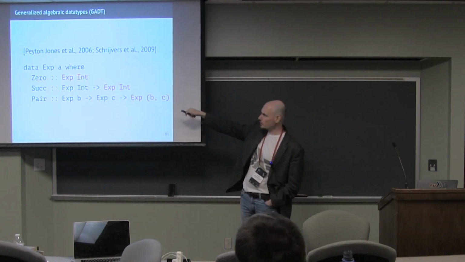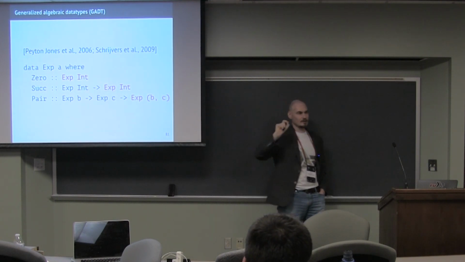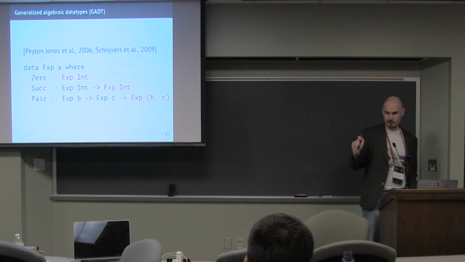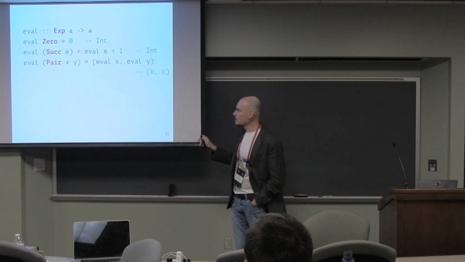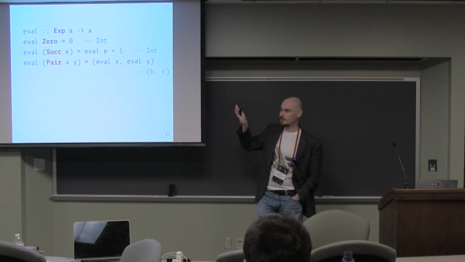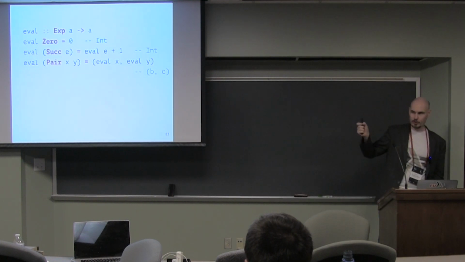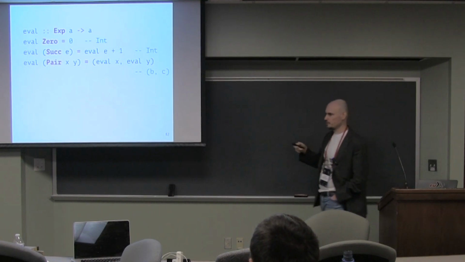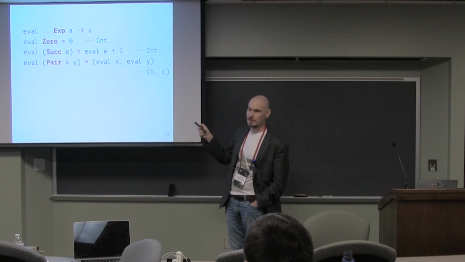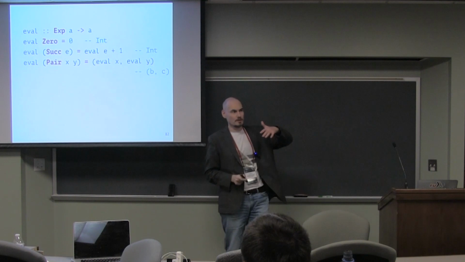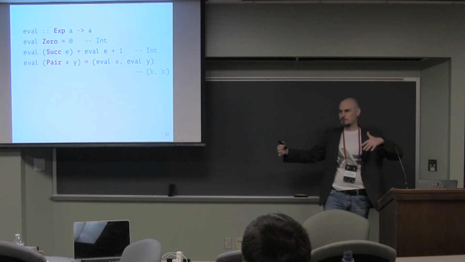But if you want to have different types, then it's a GADT. So that's the technical difference. Only one technical difference. There are no others. And these GADTs allow you to write functions like this one. They're very expressive. You can evaluate an expression which is parameterized with type A, and then you get a value of type A. And depending on the data constructor, you can return values of different types.